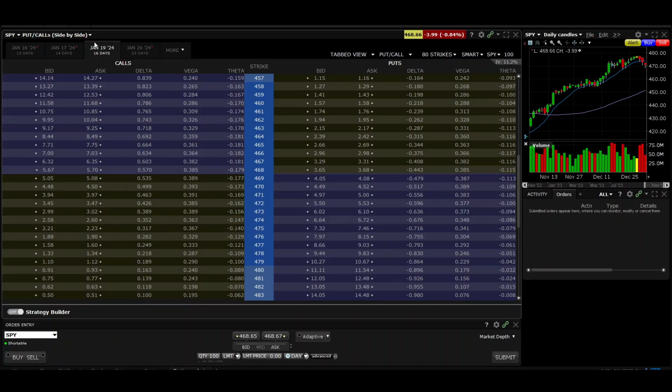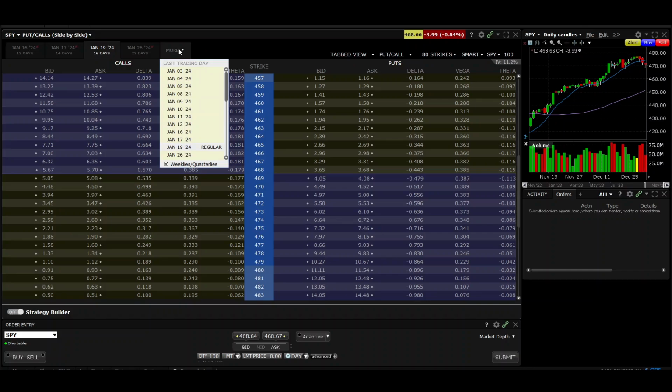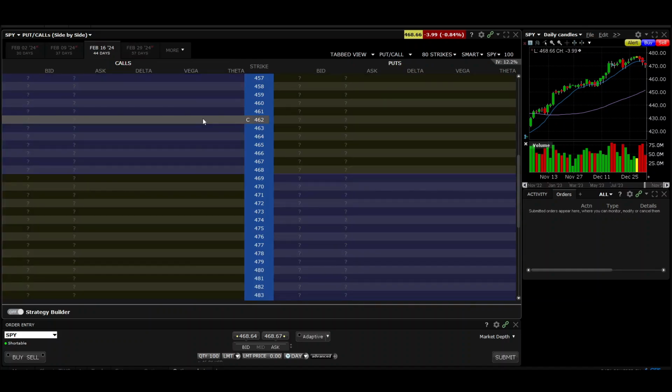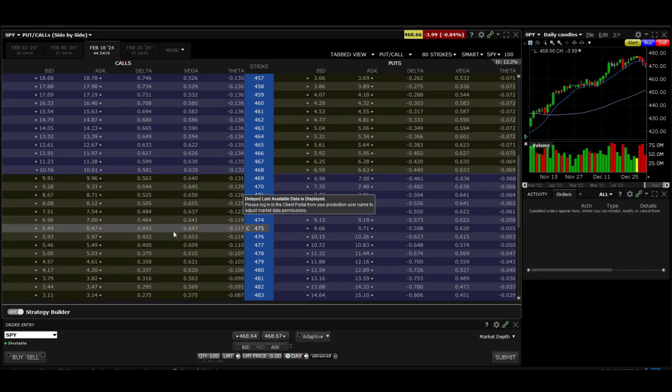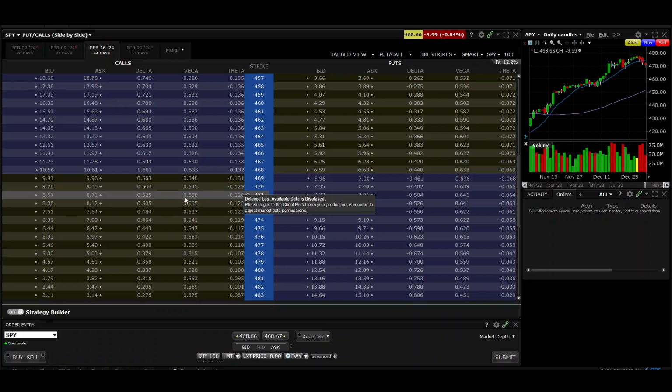There are multiple expiration dates, and you can see them by clicking on the More button and then on the desired expiration date. For example, let's choose February 16th. So as you can see here, longer dated options are more expensive since they have more time value.